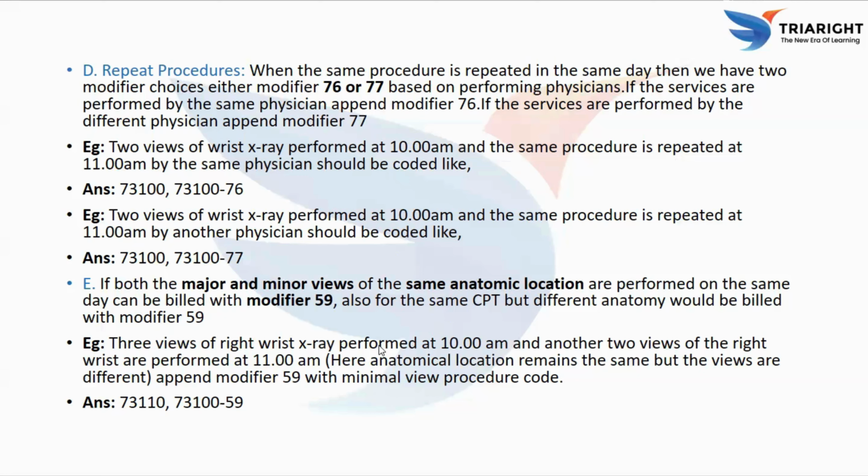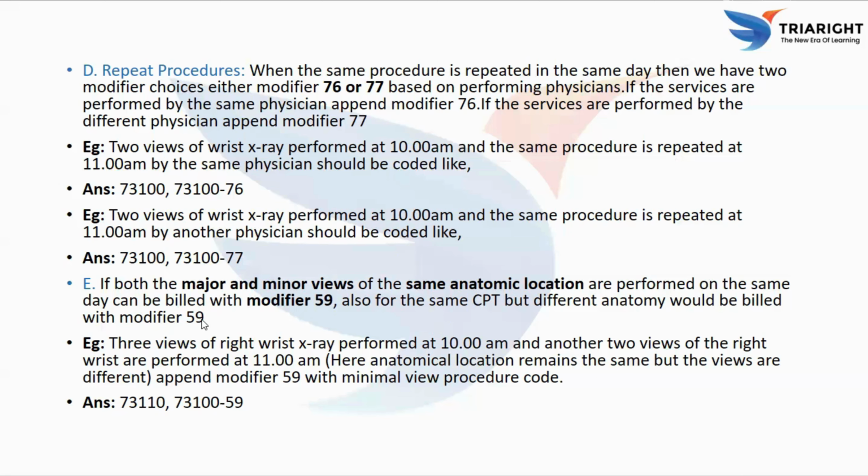So what does modifier 59 mean? Modifier 59 tells the payer, yes, these look similar, but they are truly separate services. It is generally used when different views are taken in different sessions on the same day, with the same anatomy or a different anatomy.